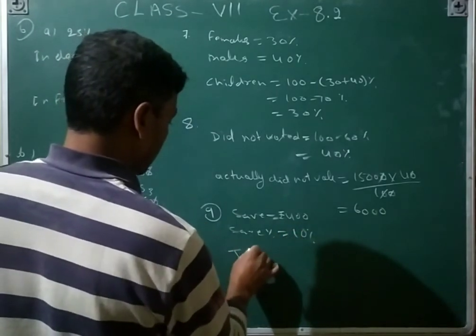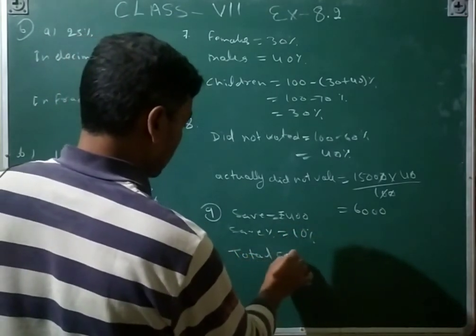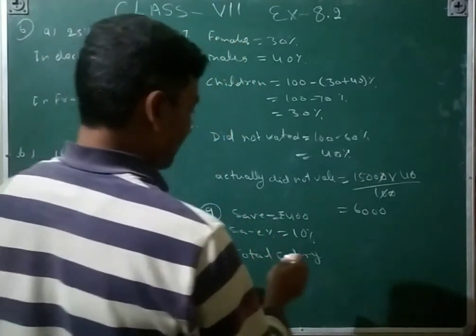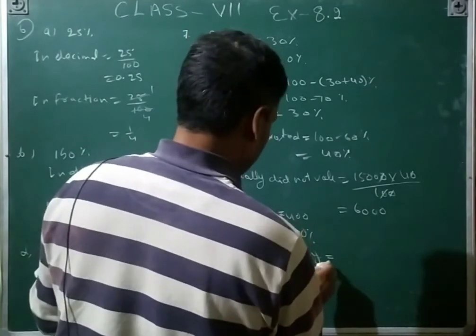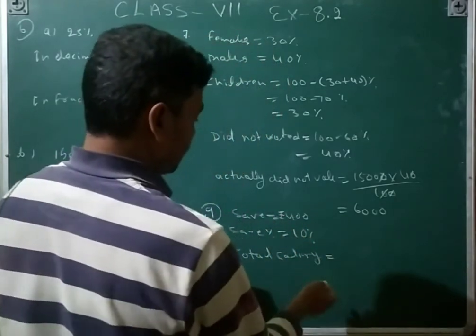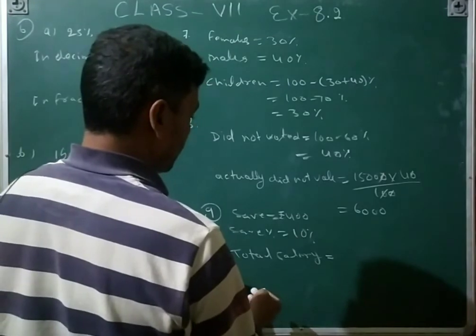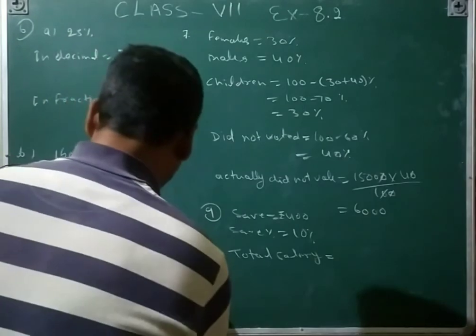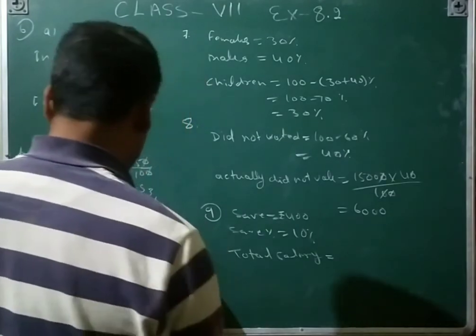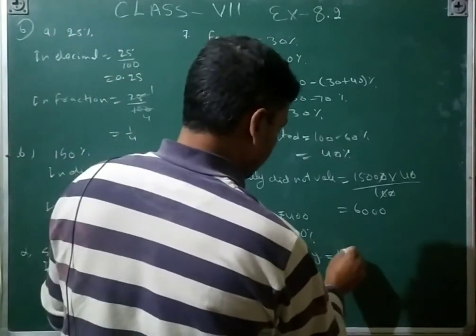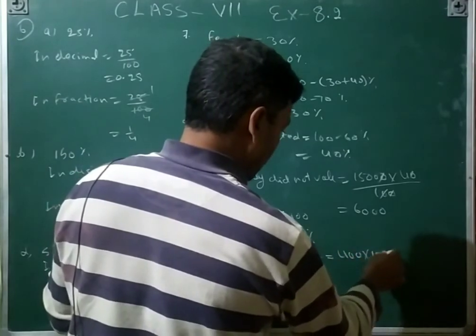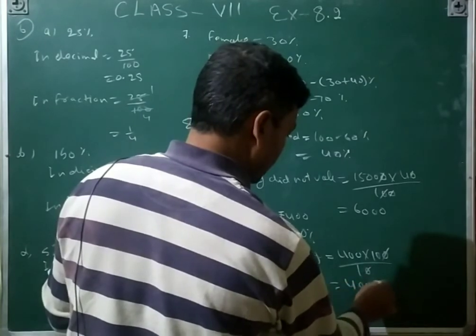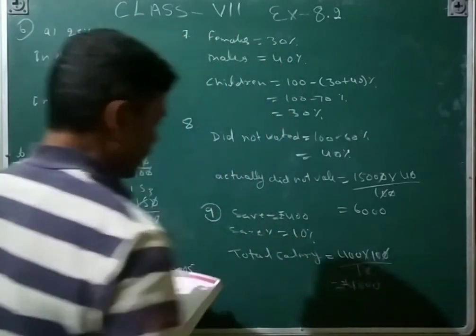So total salary, we can suppose that L, so that will be total salary 400 multiplied by 100 upon the percentage, 4,000 rupees is the total salary.